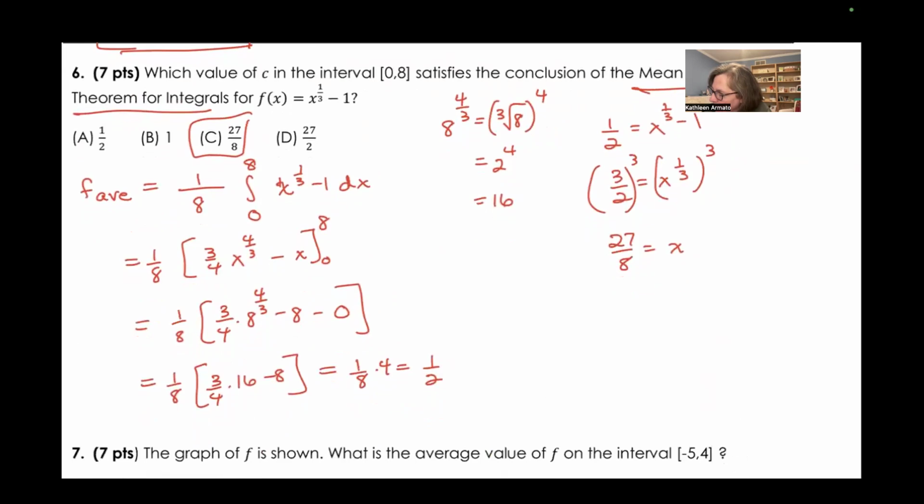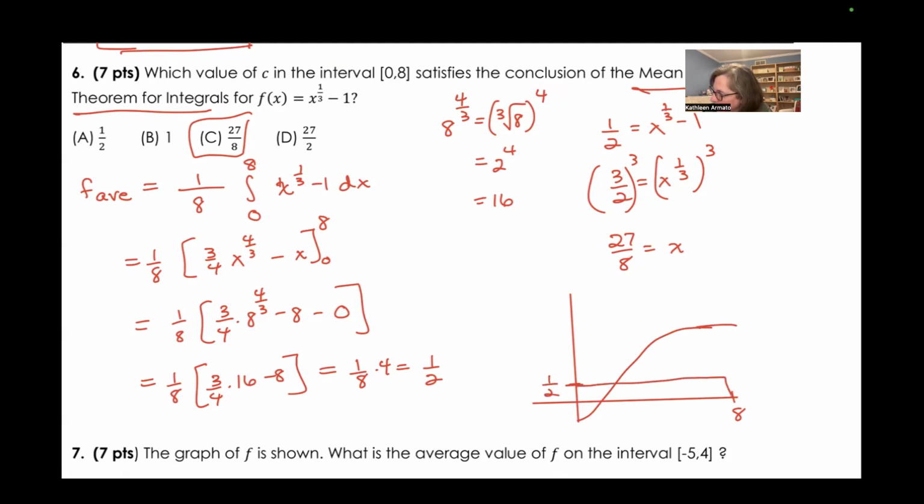Just a quick reminder of what we are doing here. From 0 to 8, we have some function. I don't know, x to the 1/3 minus 1. Something like that. And what we found was that the average of all the y values was 1/2.